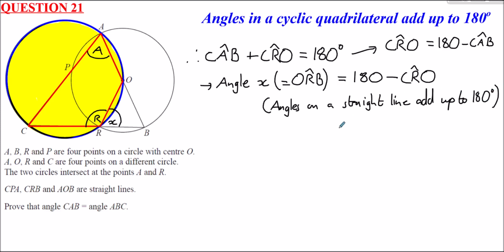So carrying on from here, 180 minus CRO, well, we've just shown that CRO is 180 minus CAB. So 180 minus CRO is the same as 180 minus, 180 minus CAB in brackets.